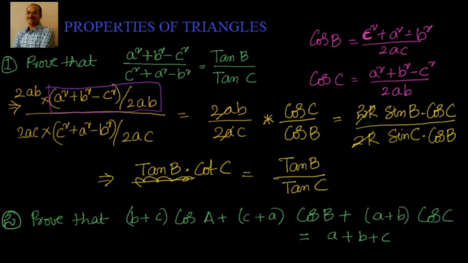So we multiplied and divided with those values to convert this into cos values, either cos C or cos B. And we observed that we are left with b by c, which we can again convert into angles, because we know by the law of sines b by sin B equals 2R, and also c by sin C equals 2R. If you simplify that, we will get tan B by tan C.